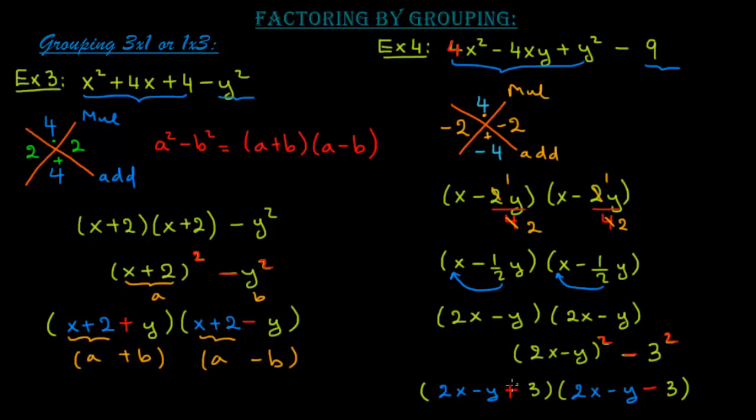As you see, we just changed the sign right in front of the last term, so positive 3 and negative 3, and also the last time we have positive y and negative y. We don't change the sign of the binomial. Whatever we have, bring it exactly down. Whatever you have here, also bring exactly down.